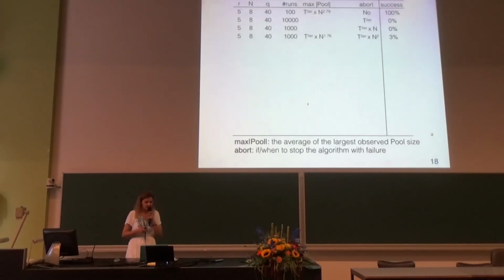But for the second, third, and fourth row, as I write here, the abort will happen when we reach the maximum size of the pool as t_eta times n, and t_eta times n squared.